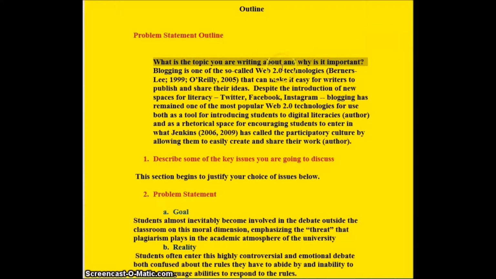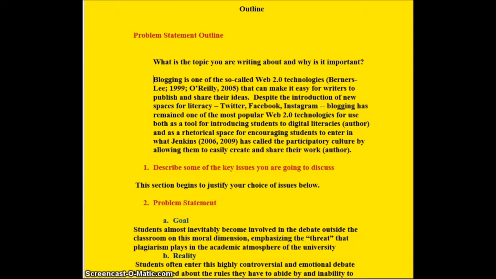So here, notice the topic is, blogging is one of the so-called Web 2.0 technologies that can make it easy for writers to publish and share their ideas. So this is my first sentence. The topic of the sentence is blogging. And why is blogging important? It can make it easy for writers to publish and share their ideas.